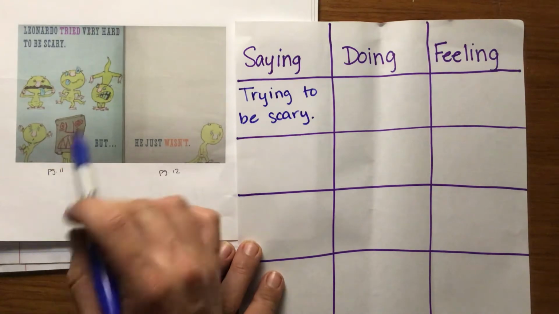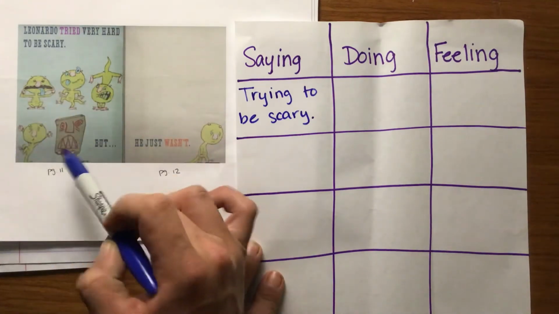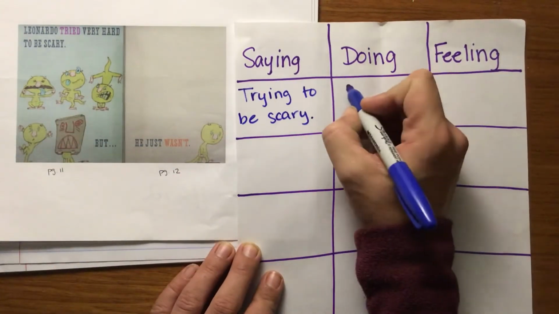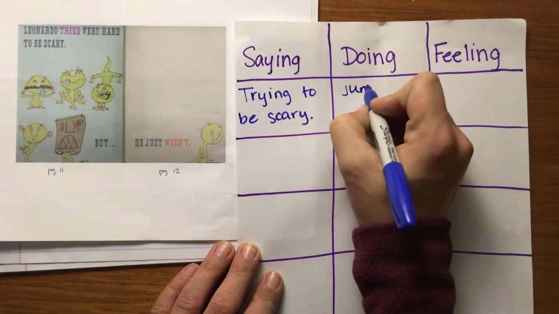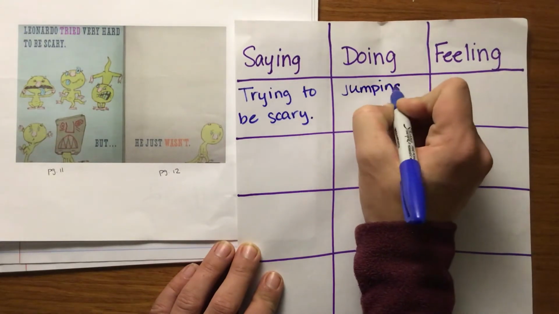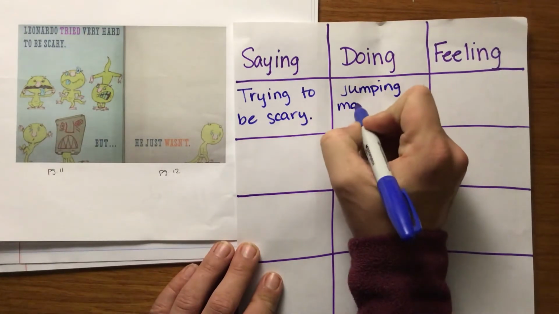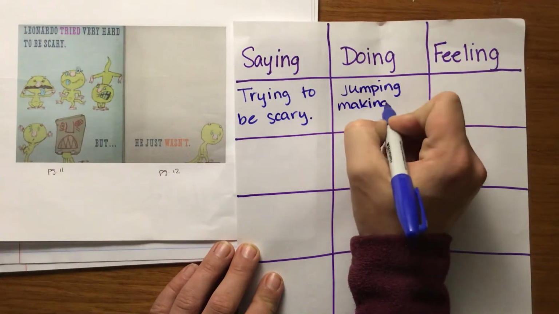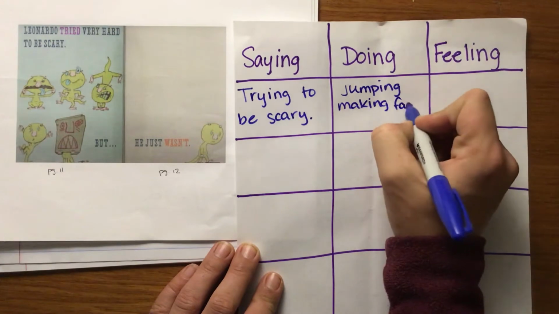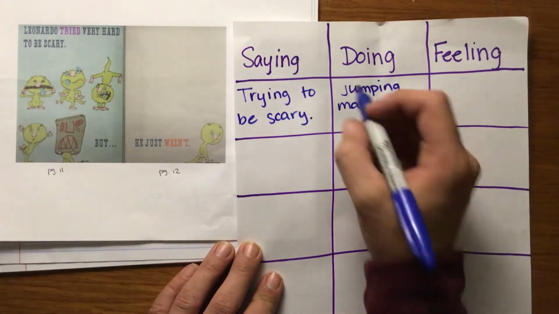He's doing a whole lot. We can see that he's jumping. He's making funny faces. And he's wearing a mask.